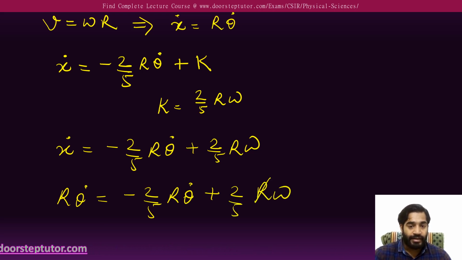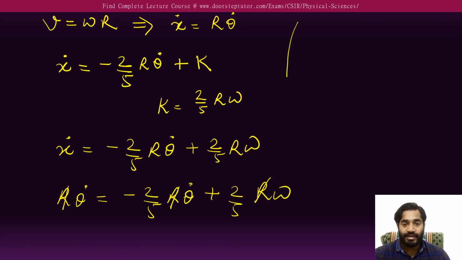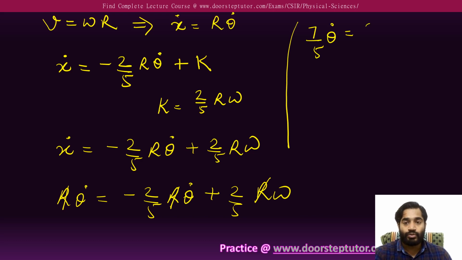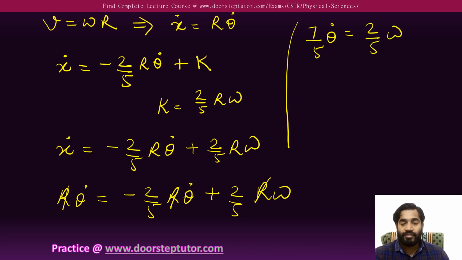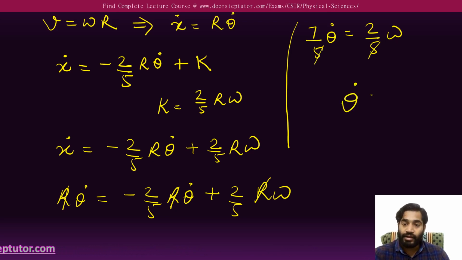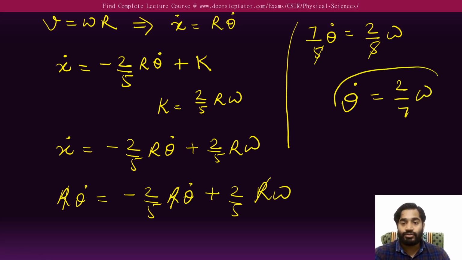So r gets cancelled everywhere, and if I shift the theta dot to the right, I get 7 by 5 theta dot equals 2 by 5 omega. From here, theta dot in terms of the given angular velocity is 2 by 7 omega.